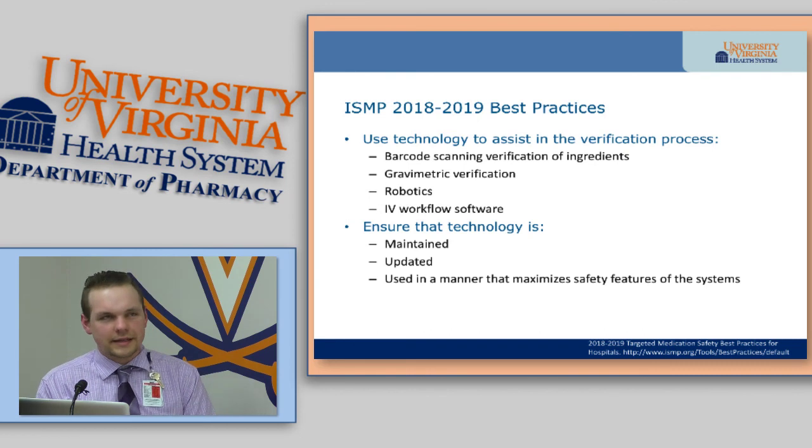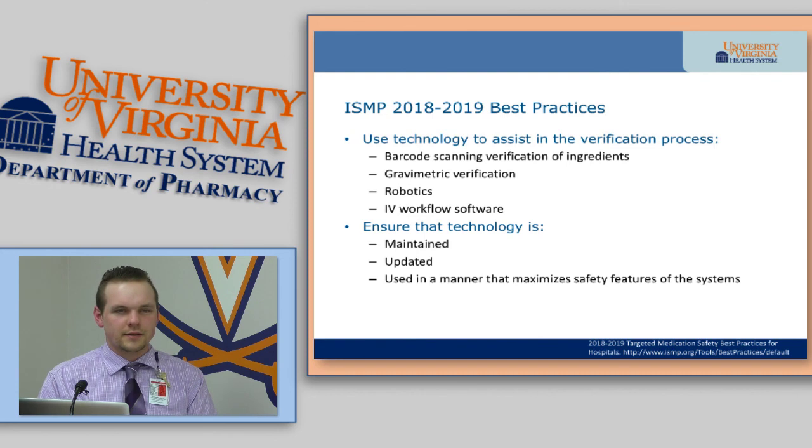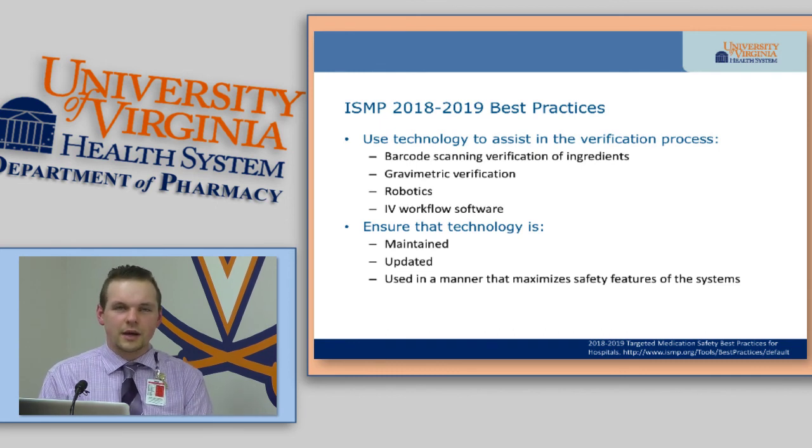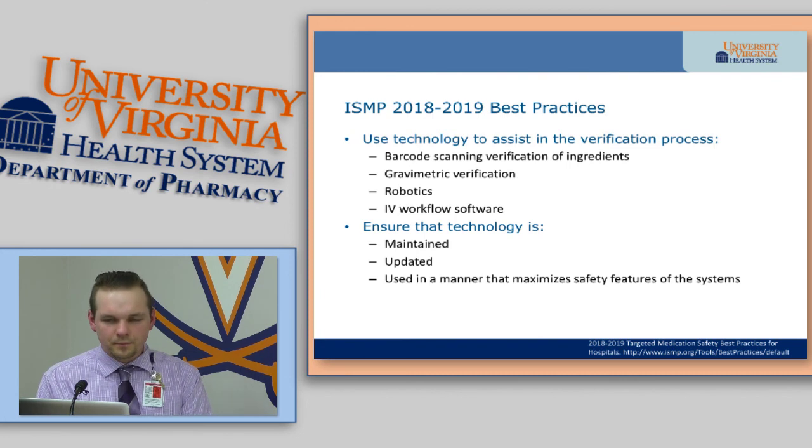Also included in the 2018-2019 best practices for hospitals is some language that is focused around technology. And so they encourage the use of technology to assist in the verification process. They encourage and recommend barcode scanning verification of ingredients, as we discussed, gravimetric verification, the incorporation of robotics into their workflows, as well as the use of IV workflow software to help standardize workflow.